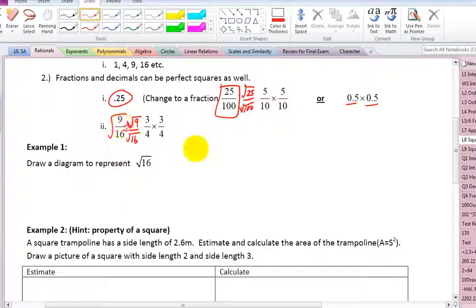So let's try this one. Please rewrite this: square root of 81 over 49.